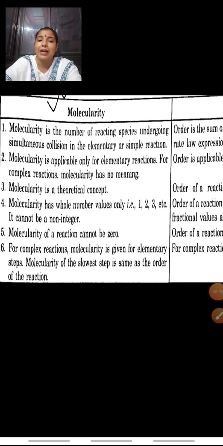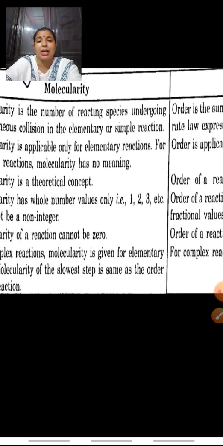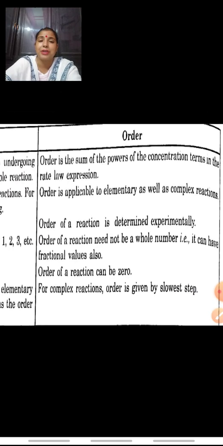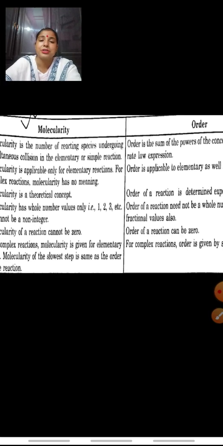Now molecularity has whole number values like 1, 2, 3, etc. and it cannot be a non-integer, whereas order of a reaction need not be a whole number. It can be fractional also, like 3 by 2 can be the order, 1 by 2 can also be the order of a reaction.